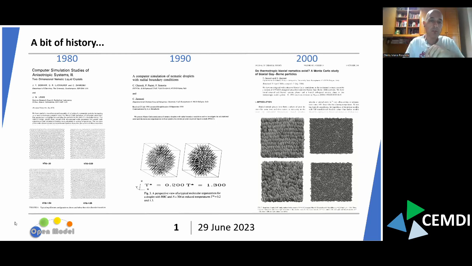This work was done in Bologna, where I did my postdoc, and I followed this line of research, started in Southampton with Geoffrey Luckhurst and Claudio Zannoni, who was my supervisor in Bologna.